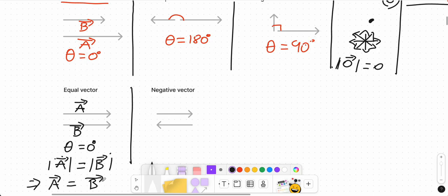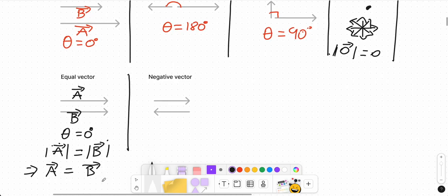Negative vector. In negative vector, the magnitude of A and B has to be equal and the angle between them is 180 degree.